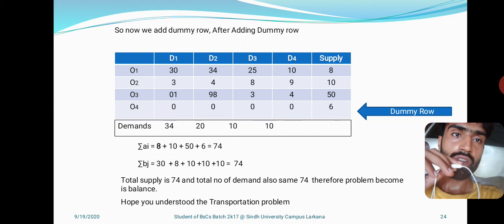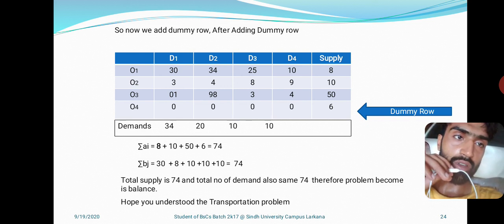Number 4 is the dummy row with zero costs and supply 6. Sum of Ai is 8 plus 10 plus 50 plus 6 equals 74. Sum of Bj is 30 plus 8 plus 8 plus 10 equals 74. The total supply is 74 and the total demand is also 74. Therefore the problem becomes balanced.